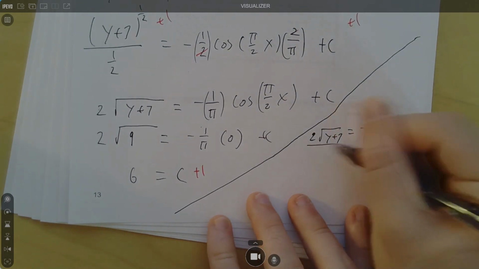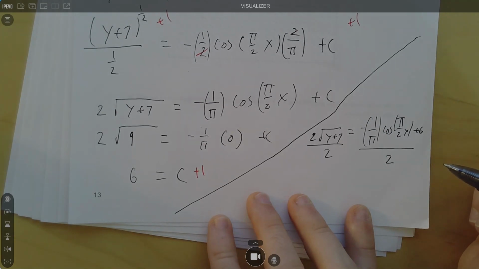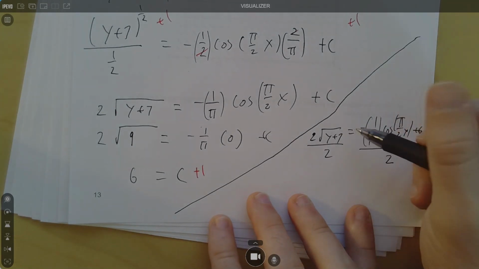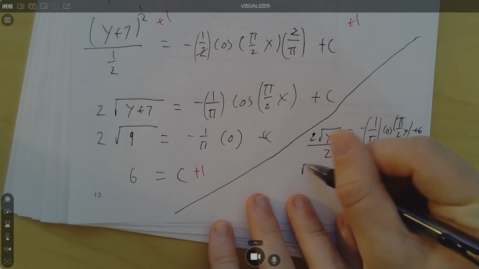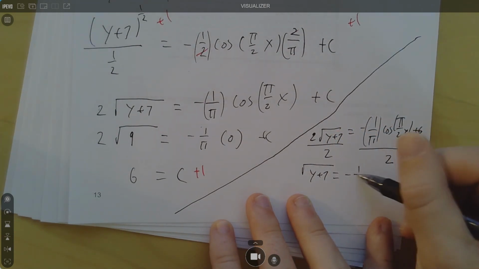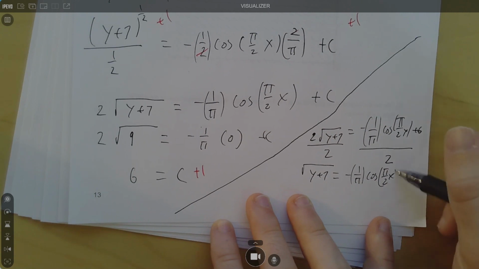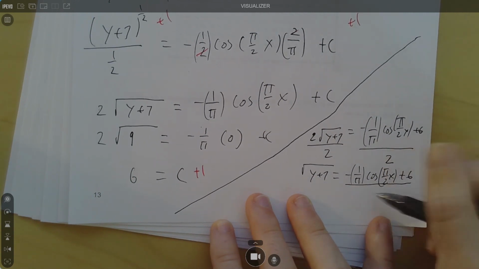We're going to just divide everything by 2. And then, okay, I'm going to be neat here. Root y plus 7 equals negative 1 over pi cosine pi over 2x plus 6 over 2.